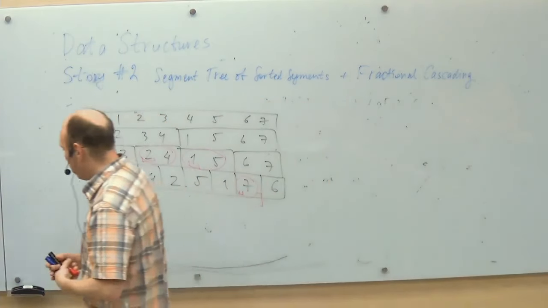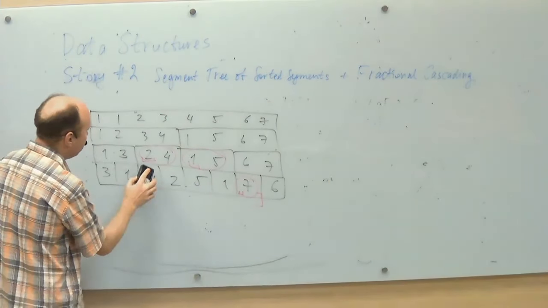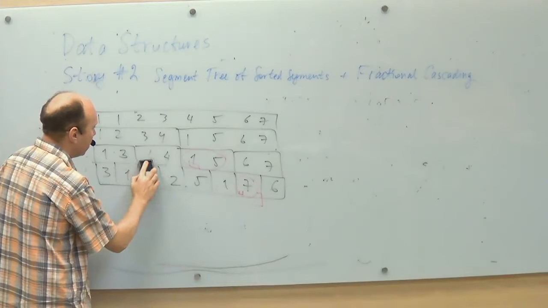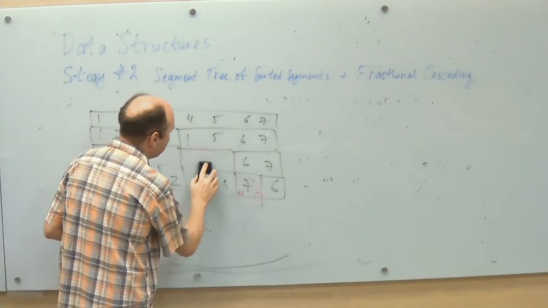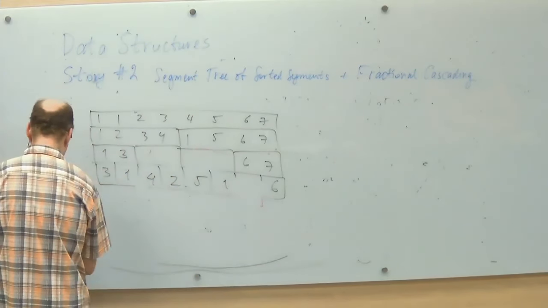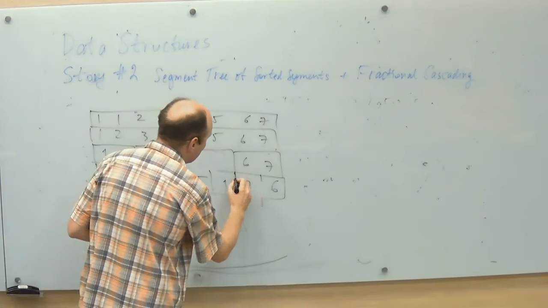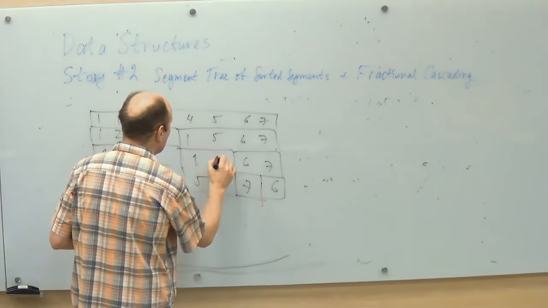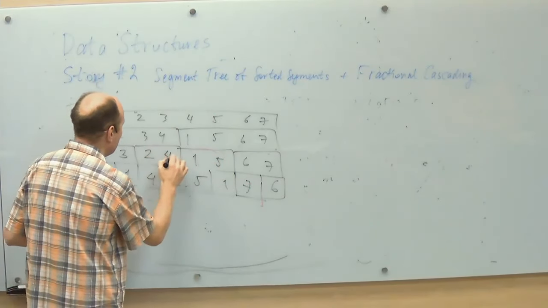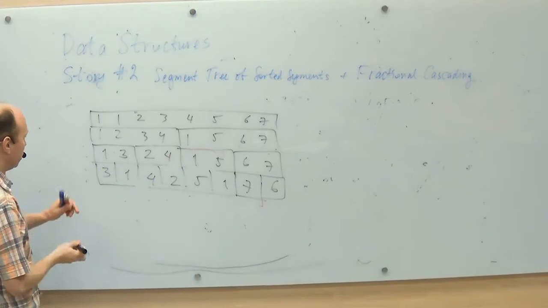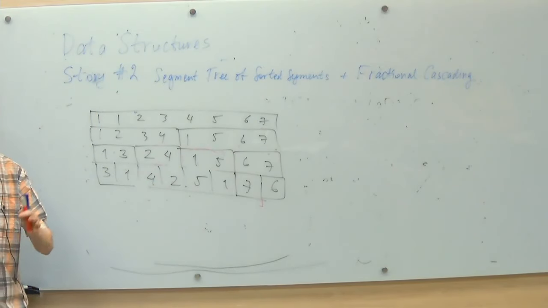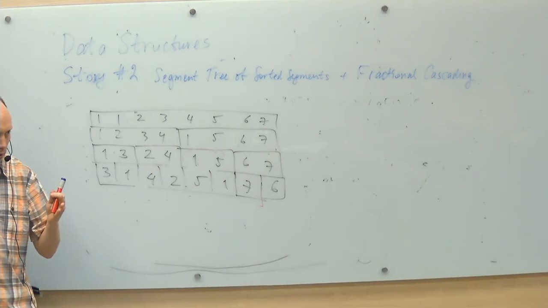Let's get back to the process of us building this structure. How do you build a segment actually? When you build a segment, you take your children and run a merge from the merge sort algorithm for them.